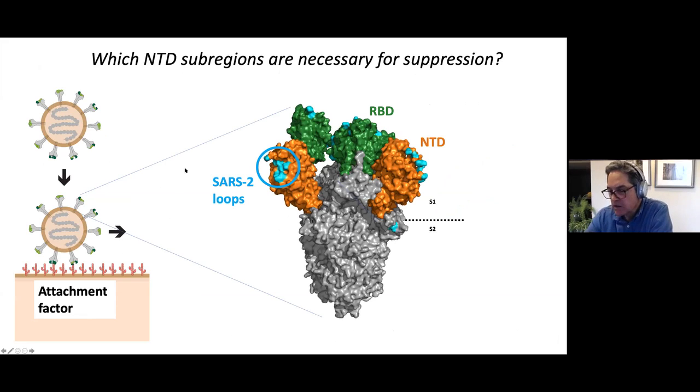So the next question Enya went on to ask is, which NTD subregions are really necessary for suppression of the fusion signals? At the right here is the spike ectodomain structure as resolved, of course, in several labs.